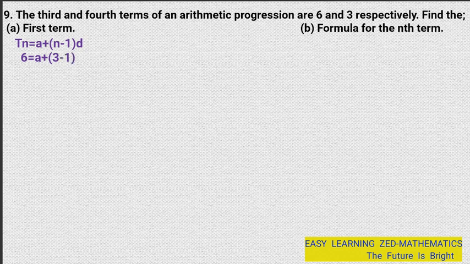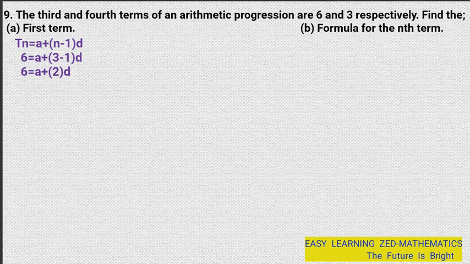Okay, now next I'm going to deal with the numbers in brackets. So I'm going to subtract 3 minus 1 first. So I'm going to write 6 equals A, then 3 minus 1 will give us 2, which will be multiplied by D. Once I've done that, you can see I haven't dealt with the brackets completely.